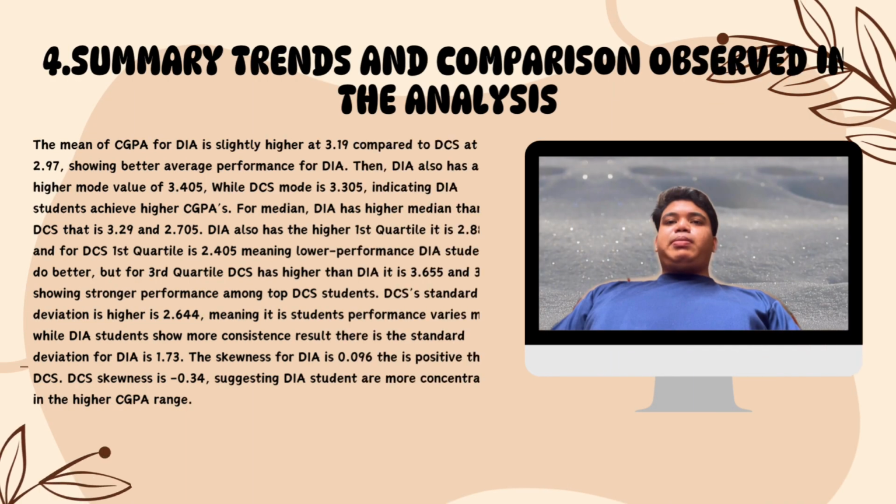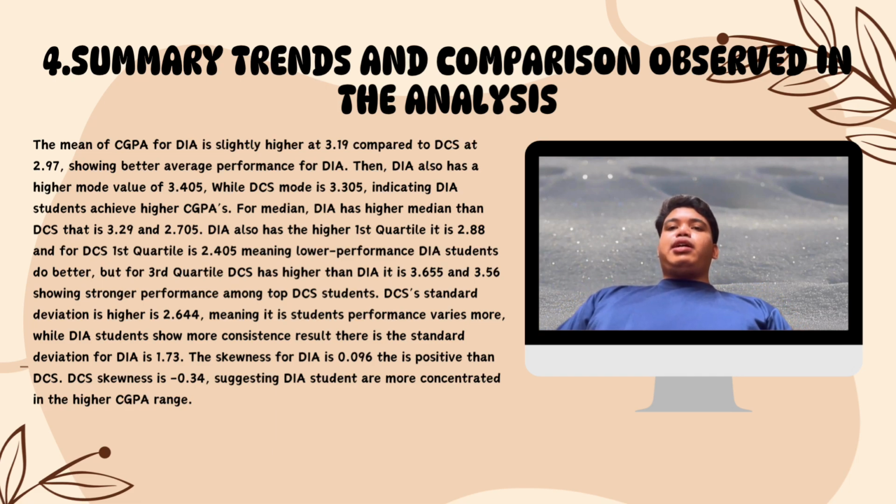The mean of CGPA for DIA is slightly higher at 3.19 compared to DCS at 2.97, showing better average performance for DIA. Then, DIA also has a higher mode value of 3.405, while the DCS mode is 3.305, indicating DIA students achieve higher CGPAs.